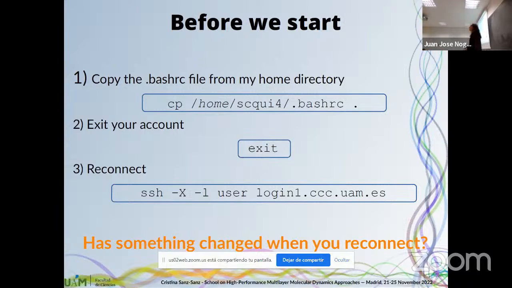So once you're ready, I want you to exit and come back and tell me if something has changed in your terminal. Do you get something like the name of the machine? Okay, so something has changed, and I want you to please type and see if everything works.